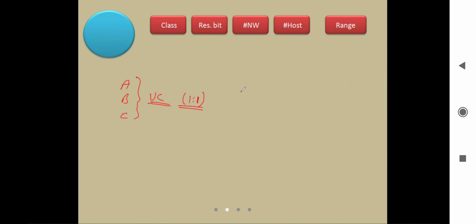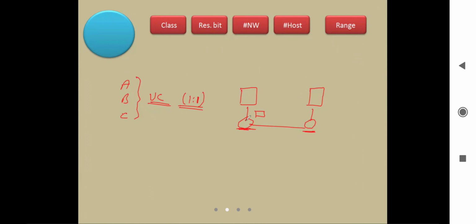This system and another system are communicating. This one system is sending a packet to another one system. In such a case there is a one to one relationship. So A, B, and C are used for the unicast purpose.